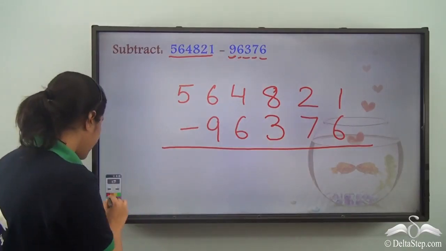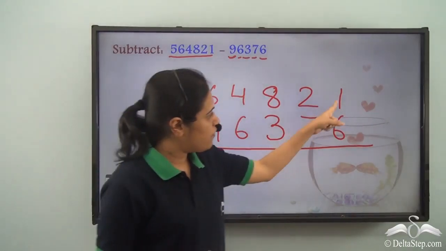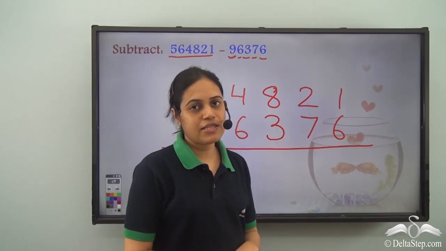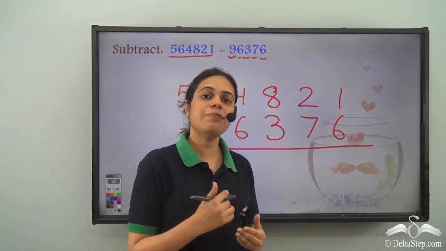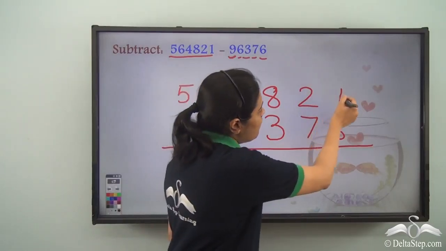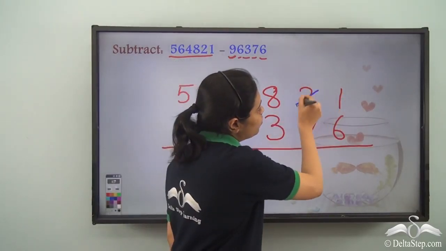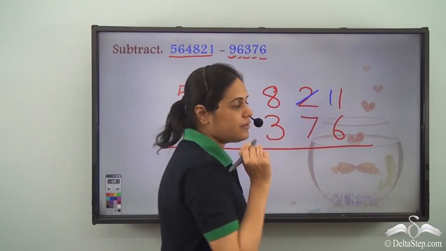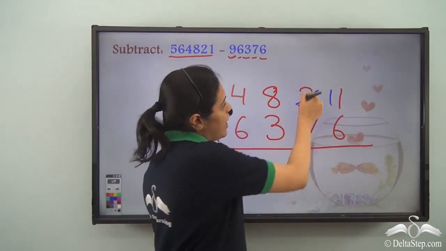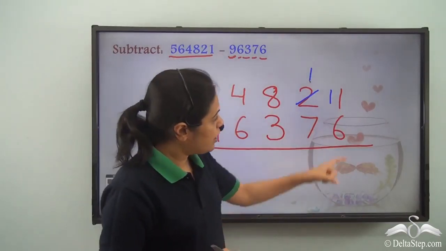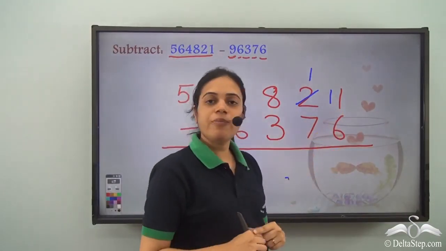So how do I subtract these? 1 minus 6. Now again, I cannot subtract 6 from 1 because 6 is bigger than 1. So 1 will borrow 1 from 2. Now 2 will give 1 to 1 to make it 11, and 2 will become 1. 2 will also decrease by 1. Now I can subtract 6 from 11.